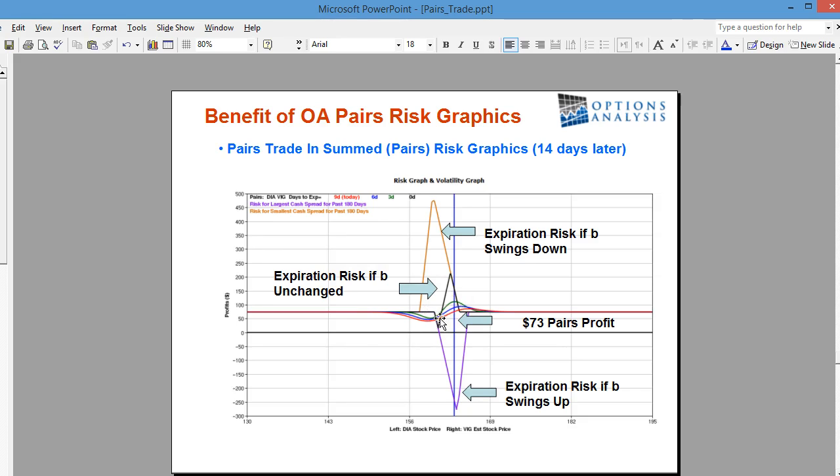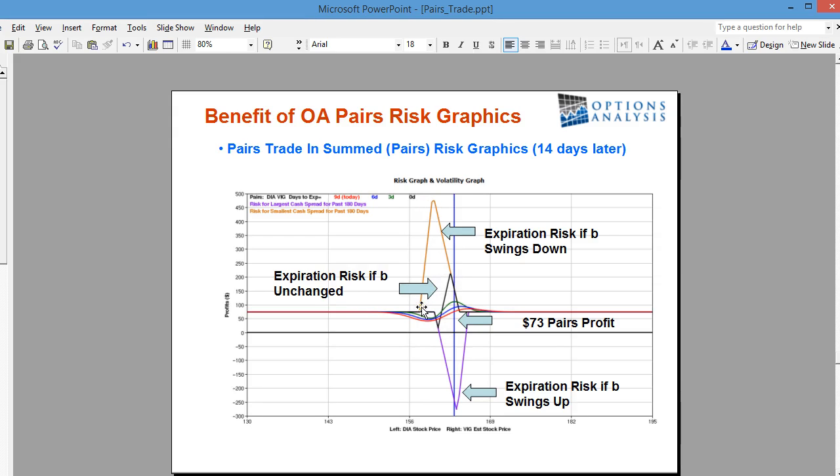Those are the expiration curves in this particular chart if the cash spread B will remain unchanged in time as we move forward. But we also show you on the pairs risk graph, which is what we call the sum chart, what would happen to your expiration risk curve if for some reason your cash spread B swings all the way down to the orange curve. We draw the expiration risk curve if that were to happen.